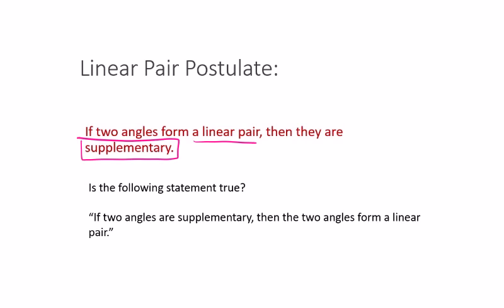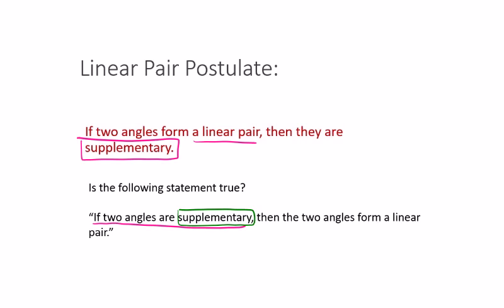Remember, we actually haven't learned about conditional statements yet, but the way to prove a conditional false is just by finding one counterexample, one situation where you have two supplementary angles that don't form a linear pair. Can you think of a situation where two angles don't form a linear pair? Well, remember that supplementary angles do not have to be adjacent.